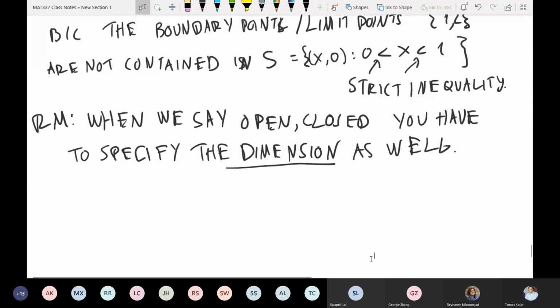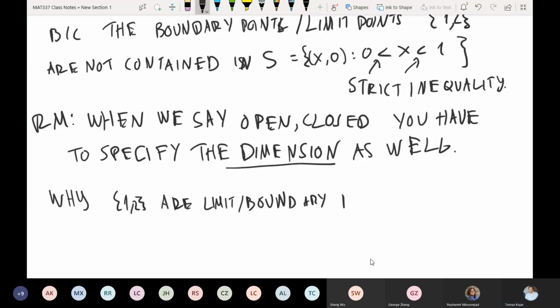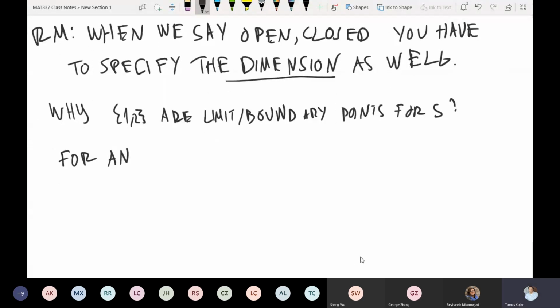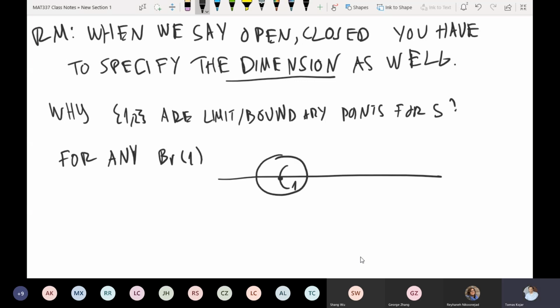We showed why they are limit points, boundary points, for S. This is because for any radius R, the ball B_R intersects both S and S complement.